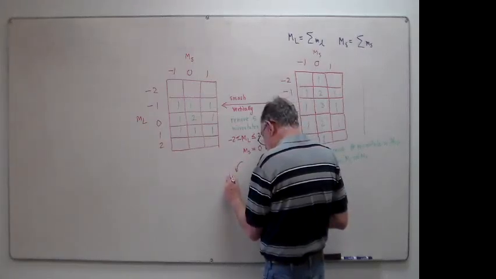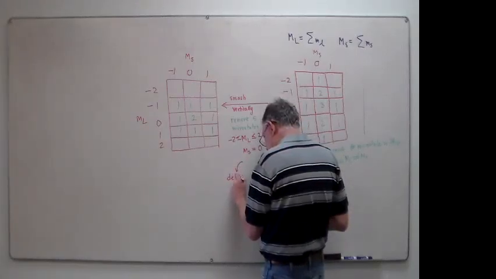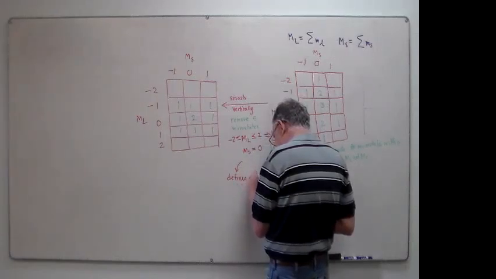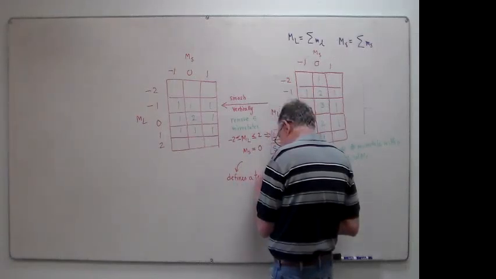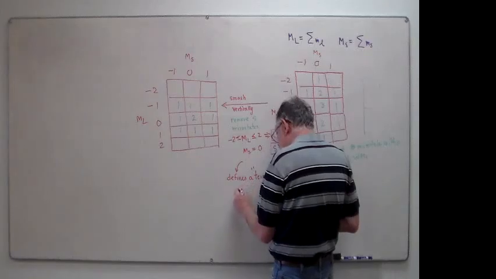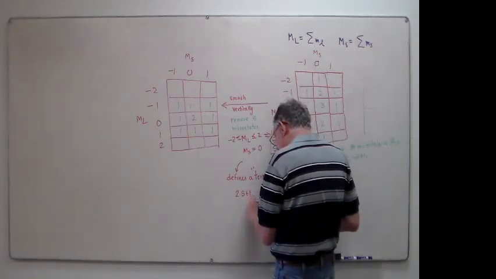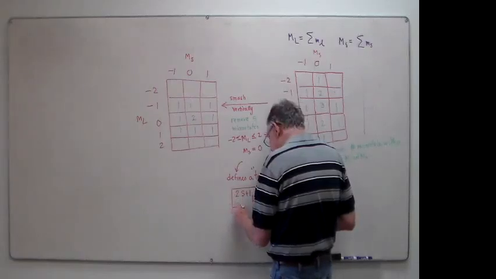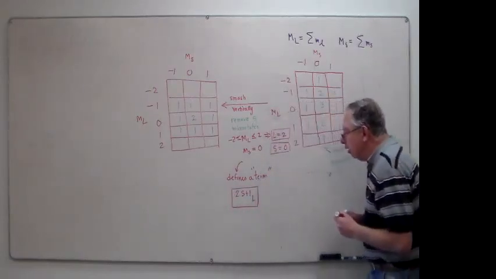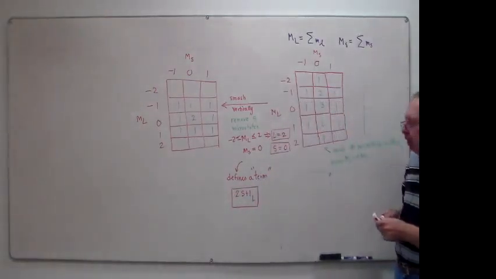This defines a term, called superscript 2S plus 1 to the L. This is called a term symbol.